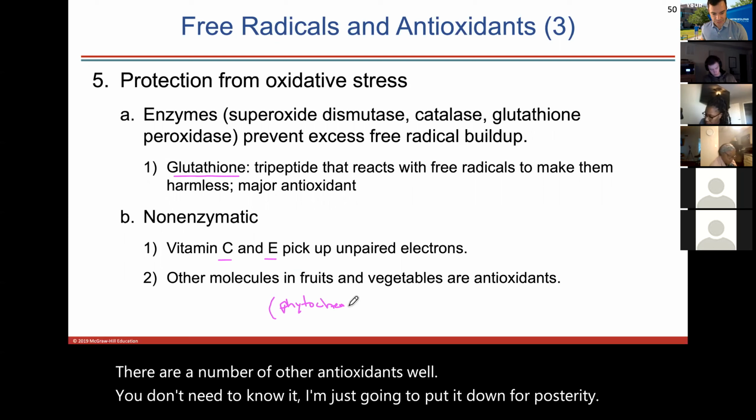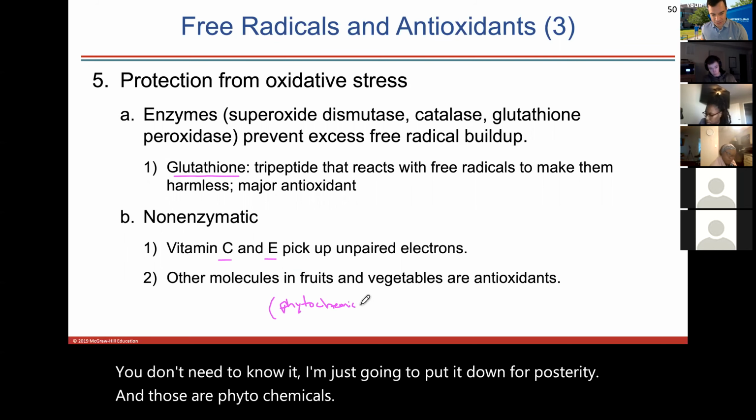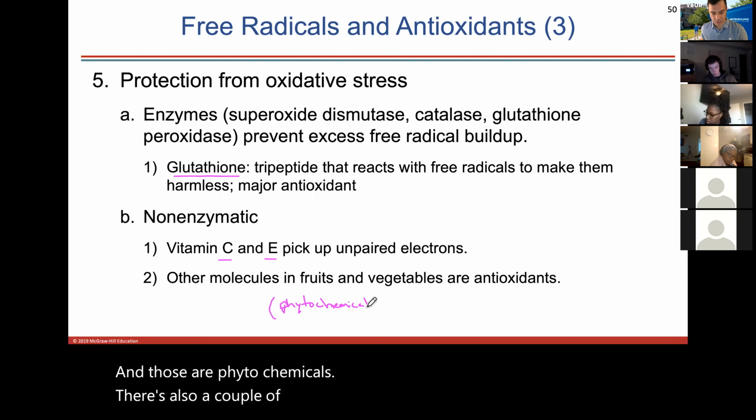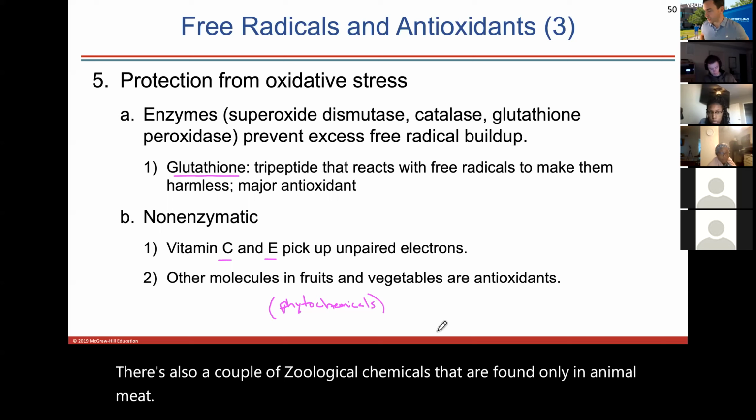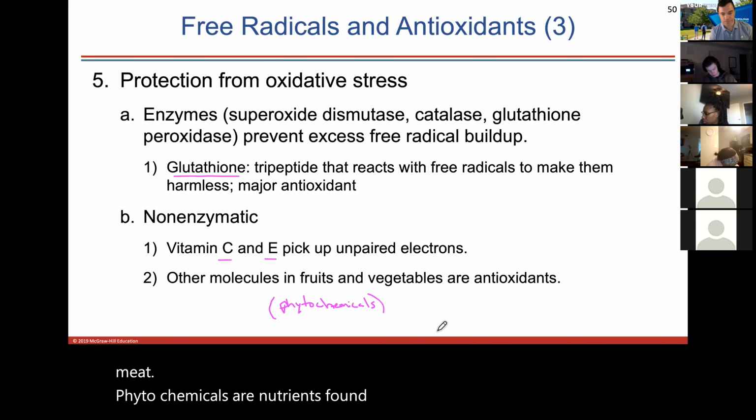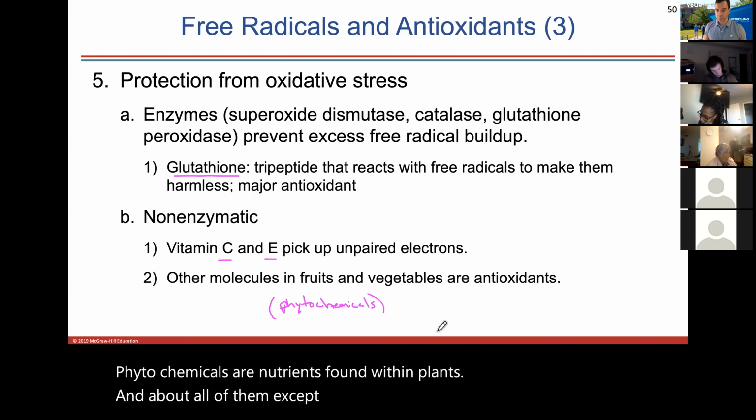And those are phytochemicals. There's also a couple zoological chemicals that are found only in animal meat. Phytochemicals are nutrients found within plants. And about all of them, except for maybe four, are antioxidant in function.